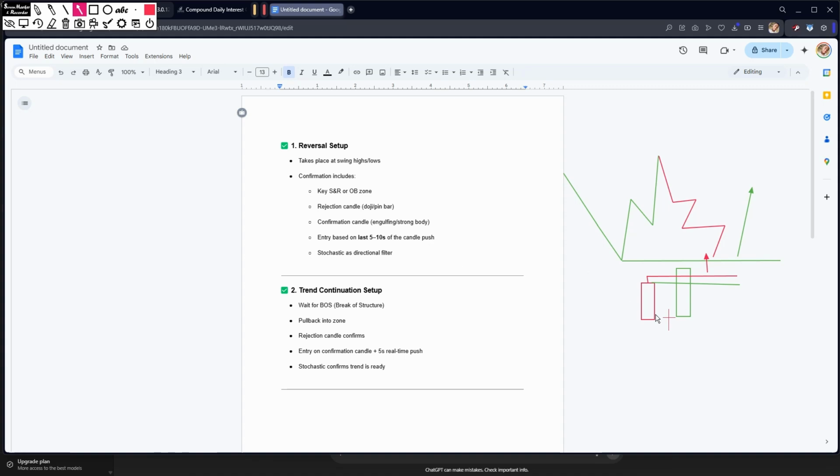We can see other conditions, like something like this also. Different reversal patterns could be this, maybe something like this, something similar. It could also be an outside bar or inside bar pattern.